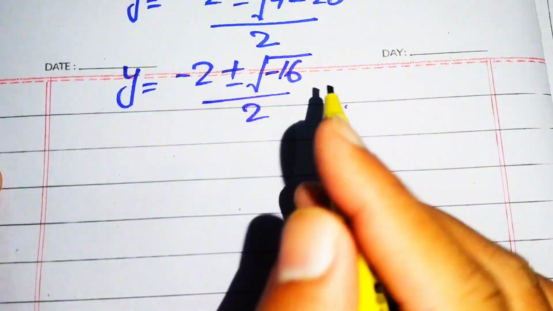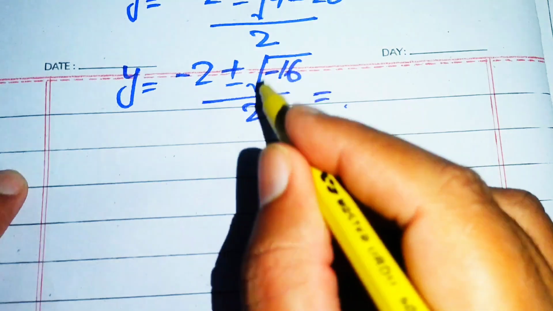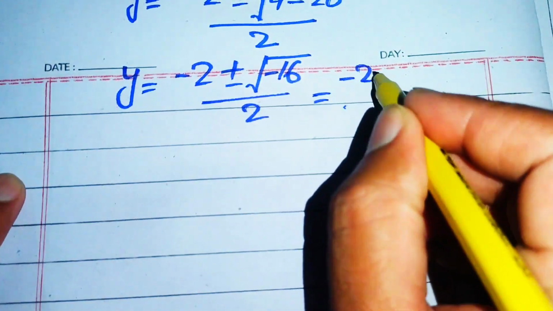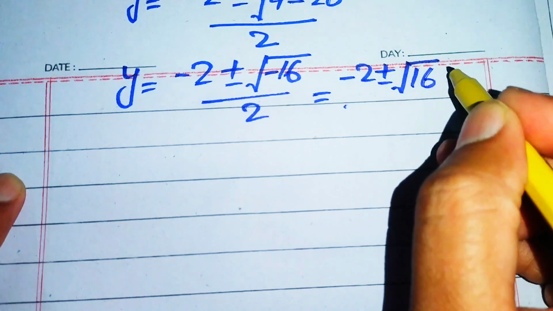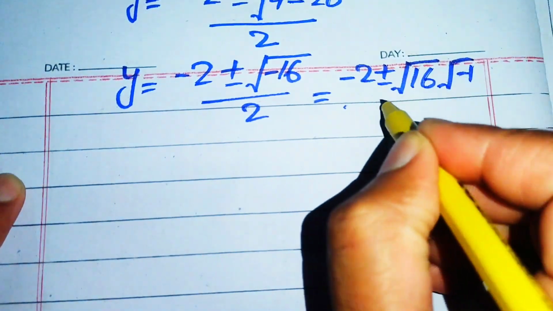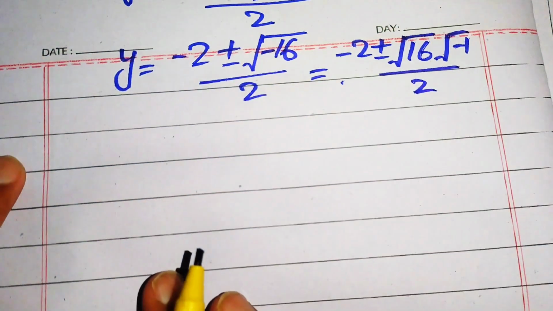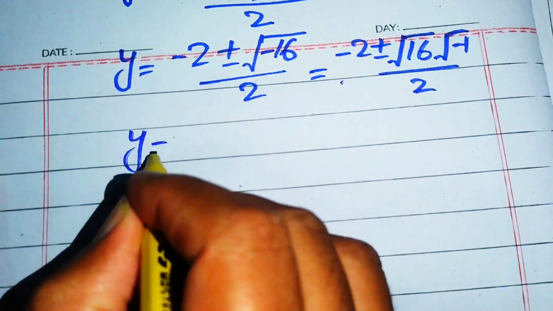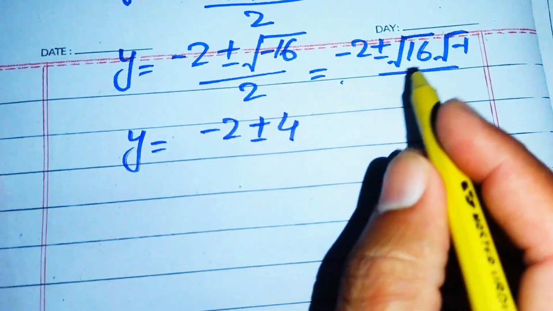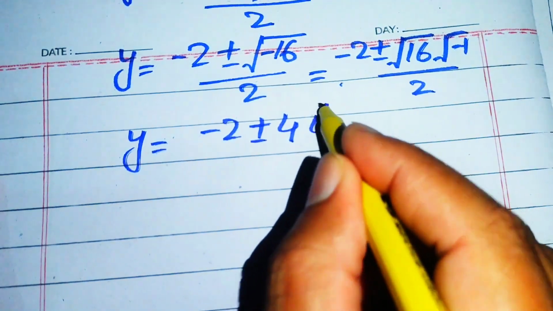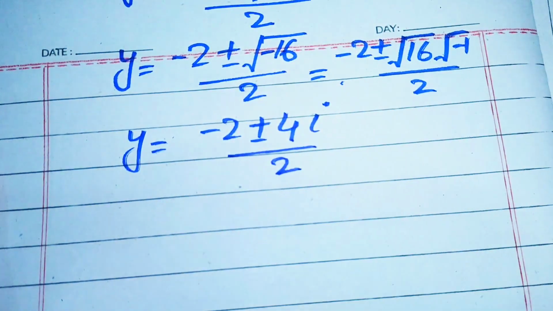So here we rewrite this square root term as minus 2 plus minus square root of 16 into square root of minus 1, divided by 2. And here we know that the square root of 16 is 4, and the square root of minus 1 is iota, and this whole divided by 2.